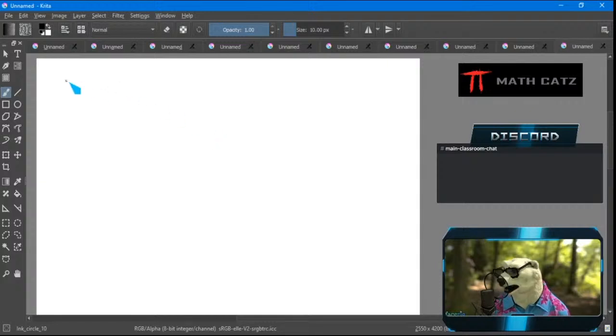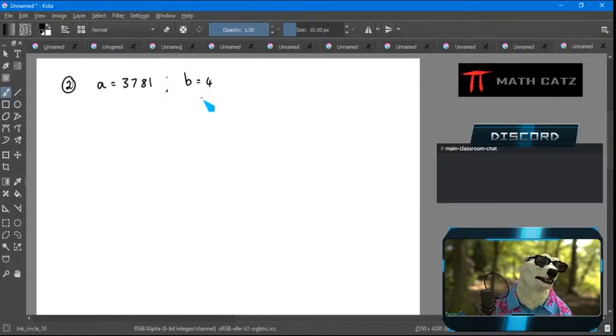But hopefully you remember it perfectly. And if not, just practice some more. So we have our number 3,781, and our divisor is a 4. So again, we're not going to make the divisor big.